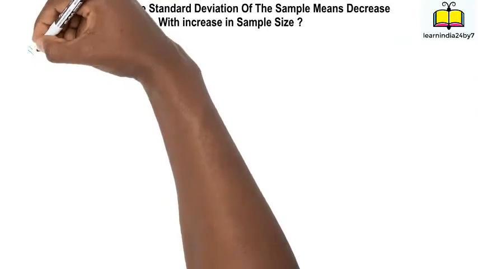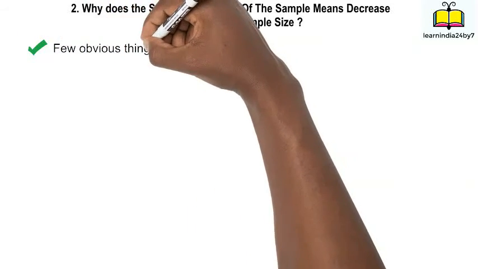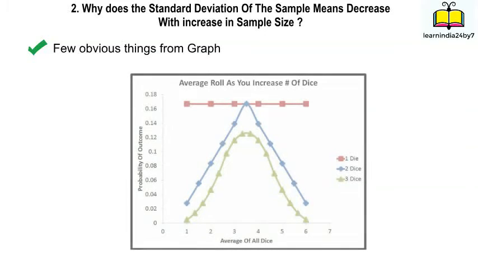The plot makes a few things obvious. No matter how many dice are rolled, the average value is always centered on 3.5.